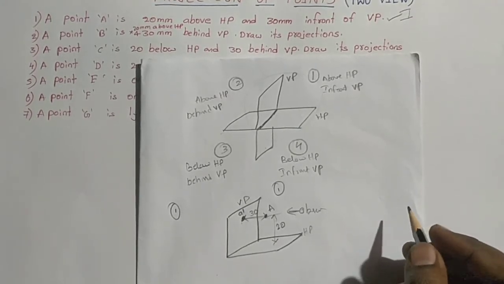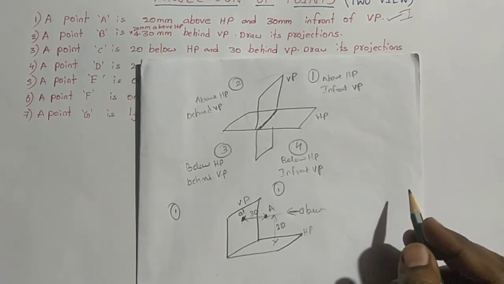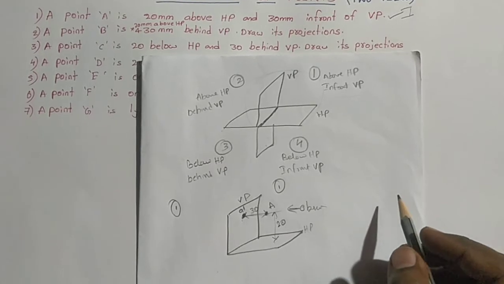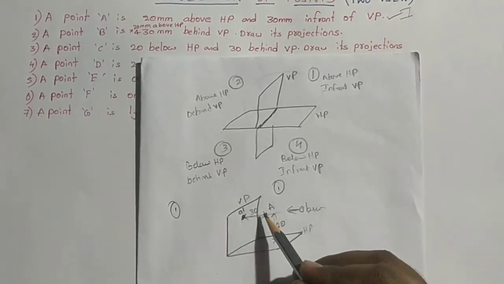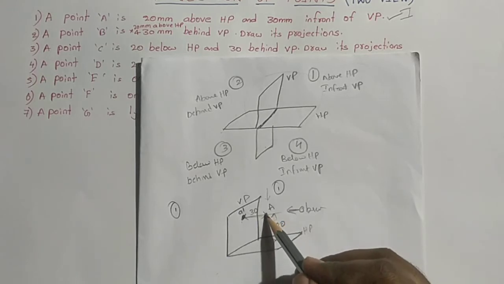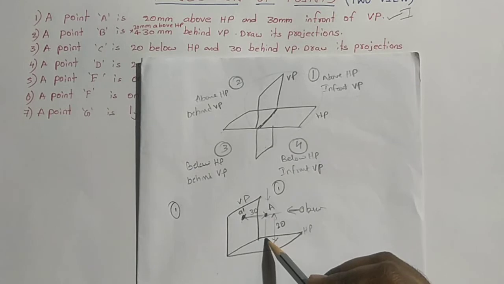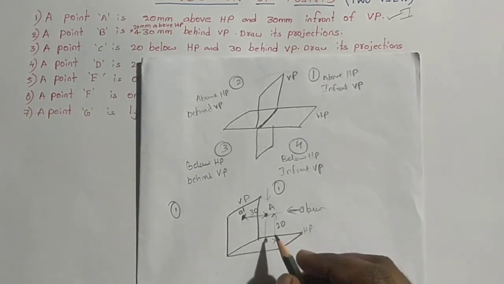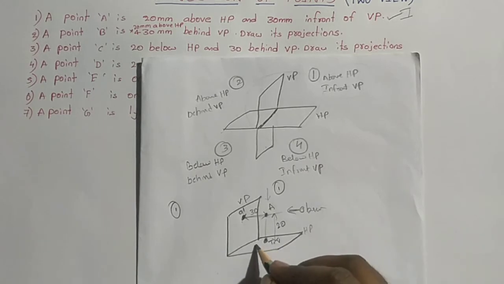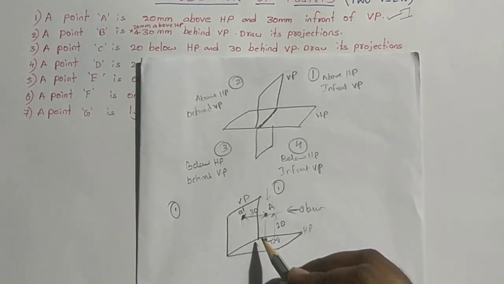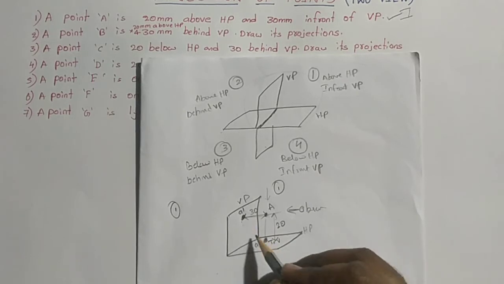Suppose the point name we take as A, then the front view notation is A dash. If you observe this point from the top side, the image falls on the horizontal plane, so it is the top view. It is denoted by A. It is the front view and it is the top view. We need to draw this.